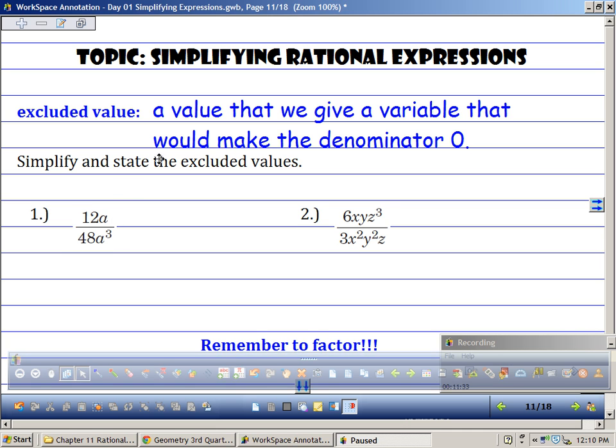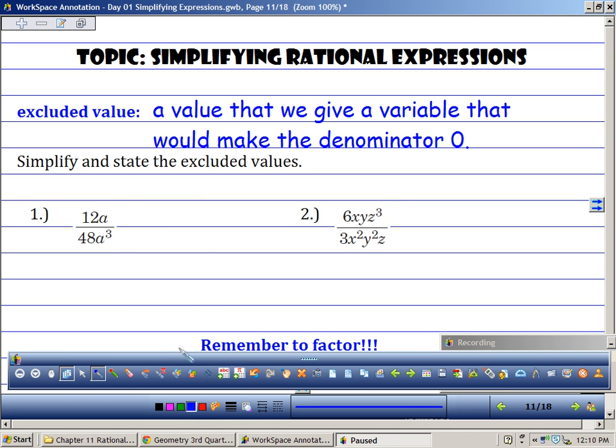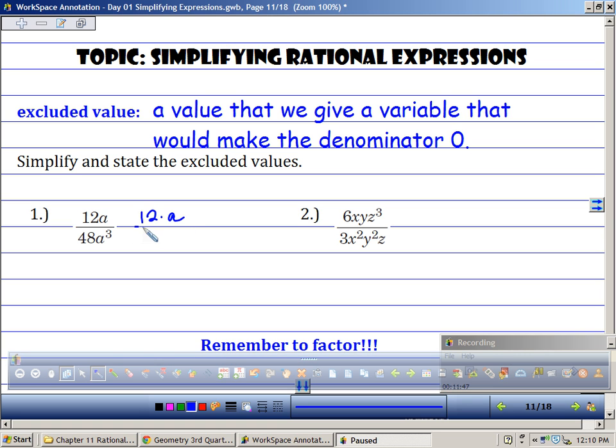Okay, so let's simplify these and state our excluded values. So how would I factor 12a? Do we have to go that far? I don't think so. There we go. 12 times 4 times, how would I break up that variable? A squared. Good job.